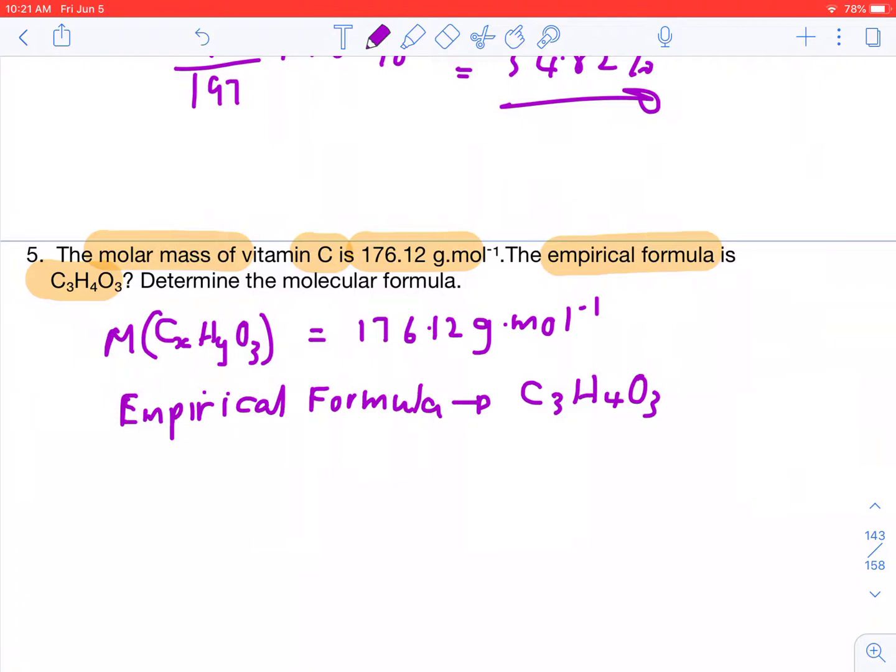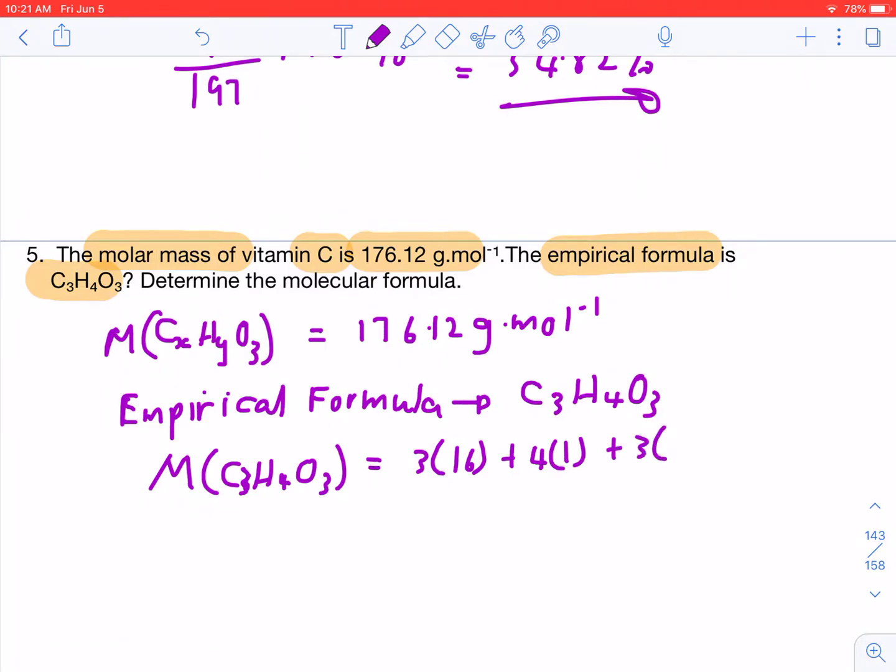So what is the molar mass of this one? The mass of this empirical formula C3H4O3 is equal to 3 times 12 plus 4 times 1 plus 3 times 16. Sorry, that's not 16 for carbon, that is 12.